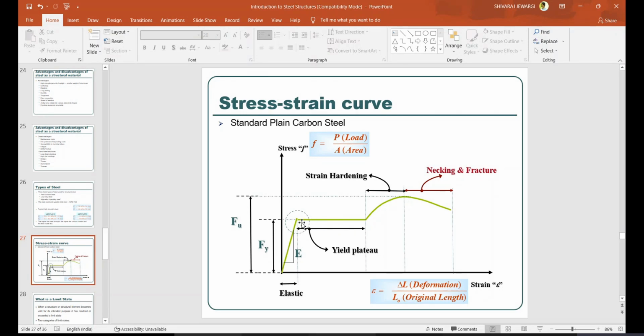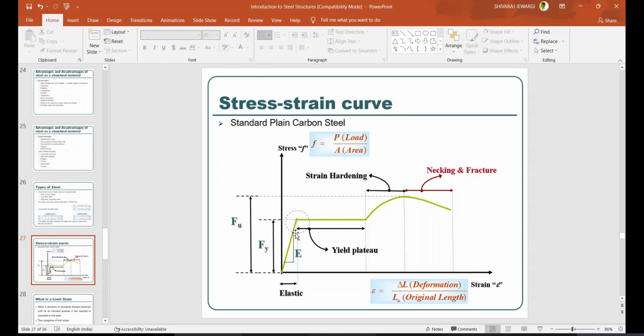As I said just now, steel structures can undergo plastic deformation before collapse. After the yield point, it enters the plastic region, where plastic means a kind of permanent deformation. Up to here, if you remove the load, it comes back to the original position.